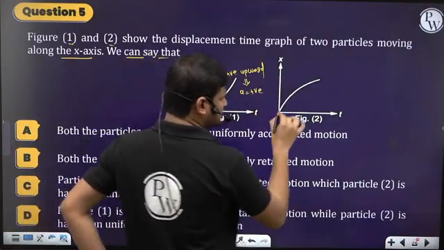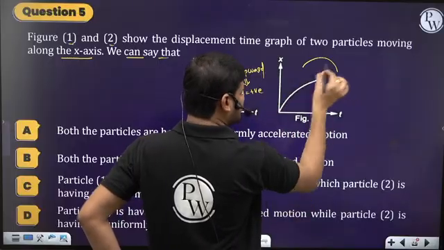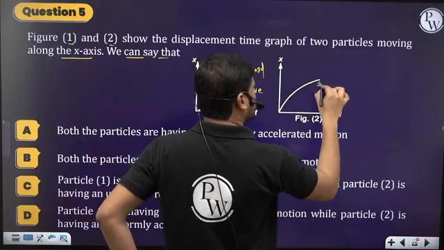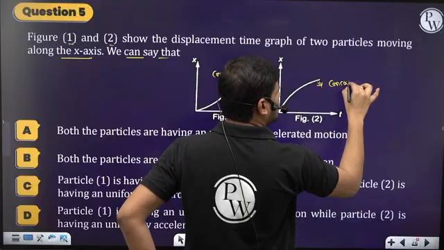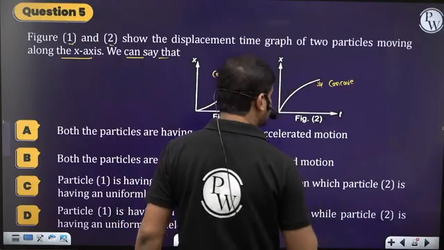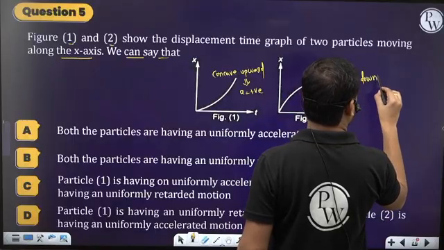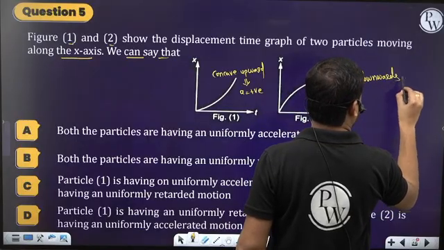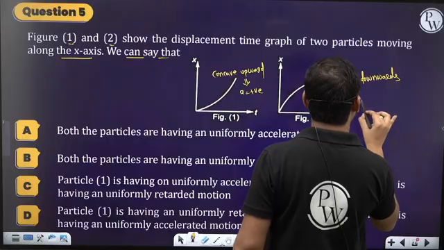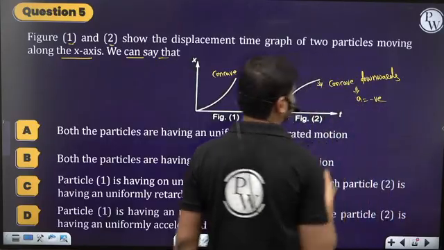Whereas this is part of a concave downward, whose acceleration is negative.